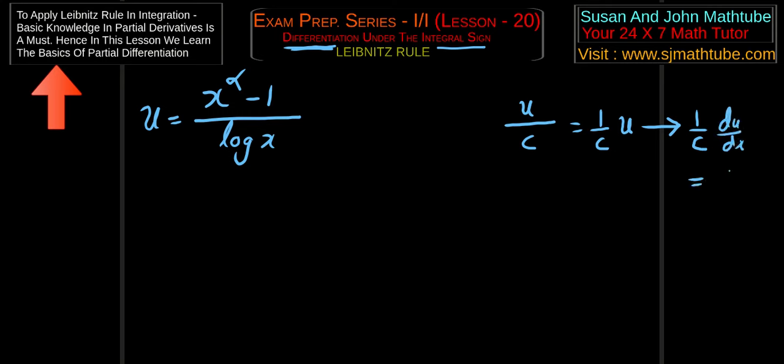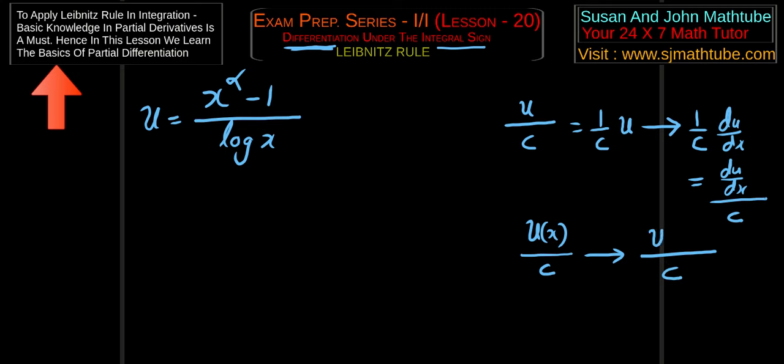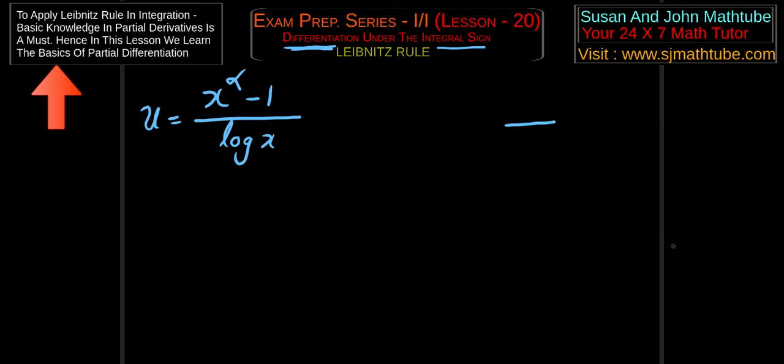And that is actually du by dx, the whole divided by the constant. So we learned like this. Suppose you have a variable function by a constant, we just keep the constant as such in the denominator and differentiate the numerator. I hope you understood that point.